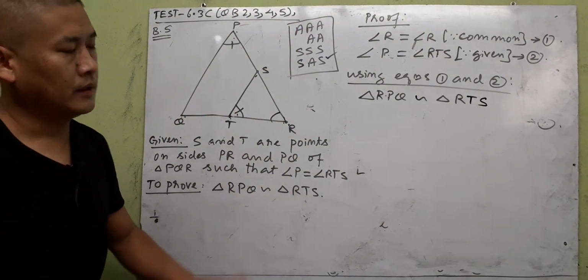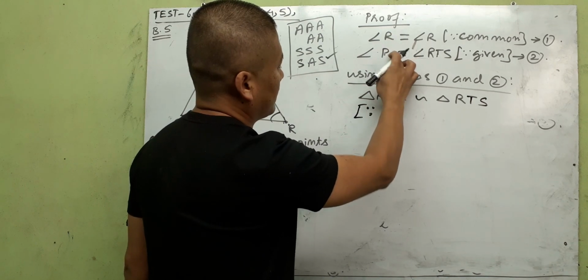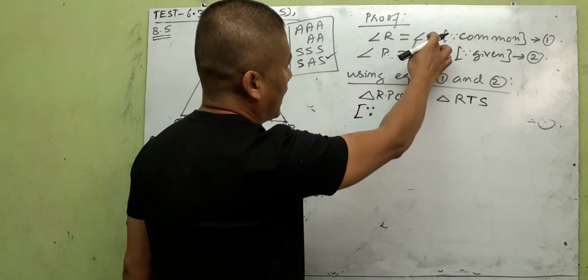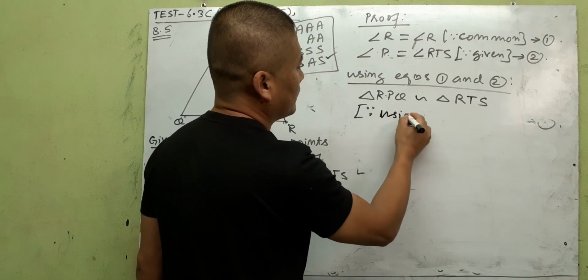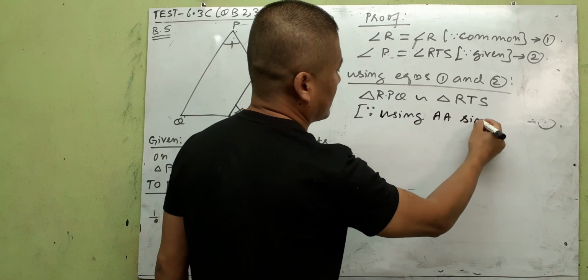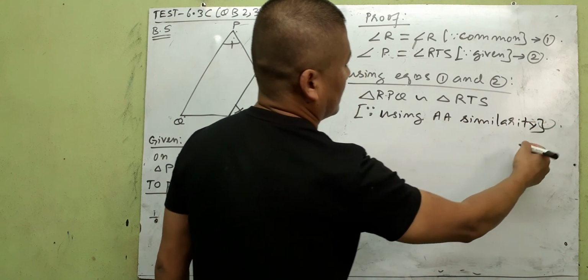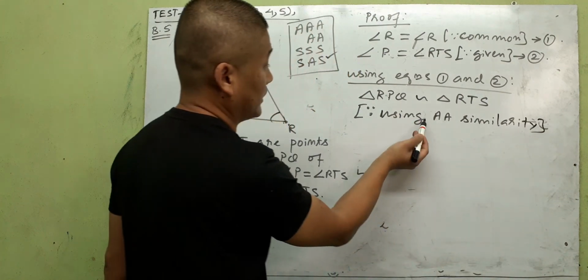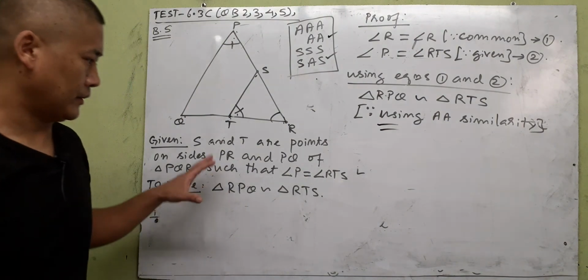So they are similar because two angles, R and P, inside this big triangle are equal to angle R and angle RTS inside this triangle. Even if only two angles are equal, these triangles are similar. So we're using the AA similarity condition. So we've proved it. Right.